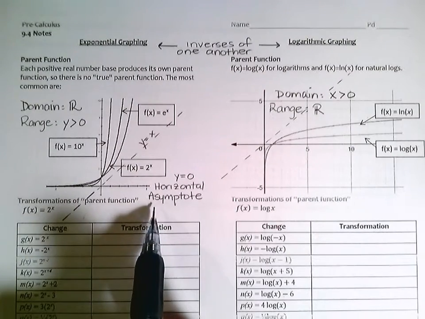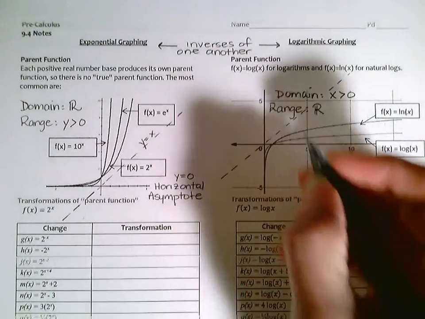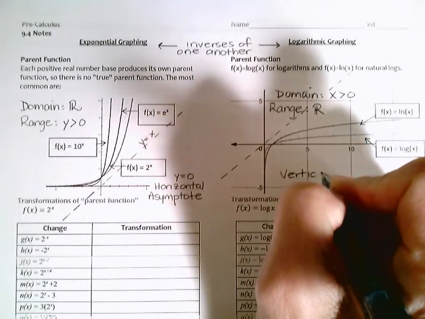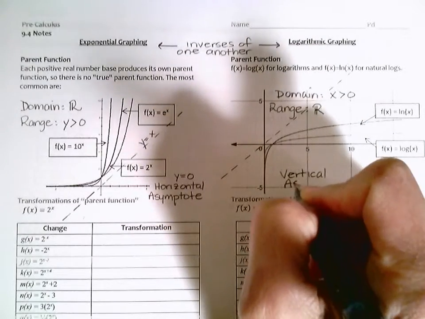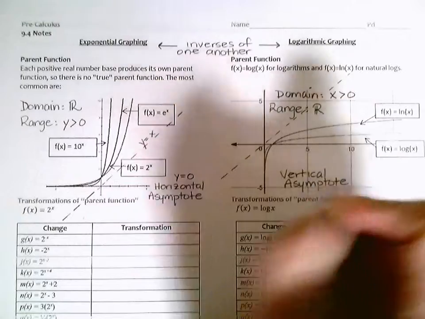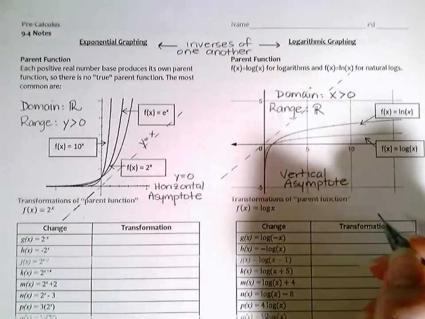If this has a horizontal asymptote, well, what's going to happen on this side? Well, yep, you guessed it, vertical asymptote. And this time the vertical asymptote, instead of saying y equals 0 like this one, the y changes to an x. It's going to be x equals 0.